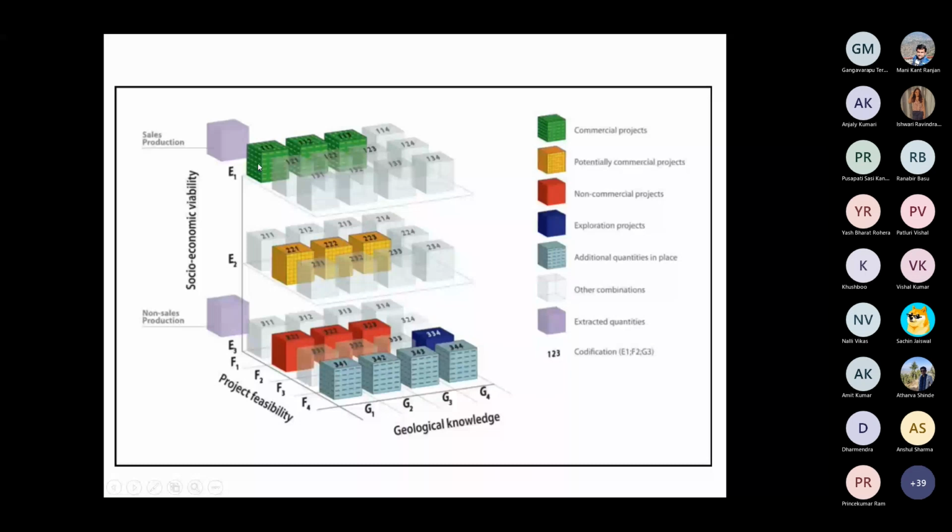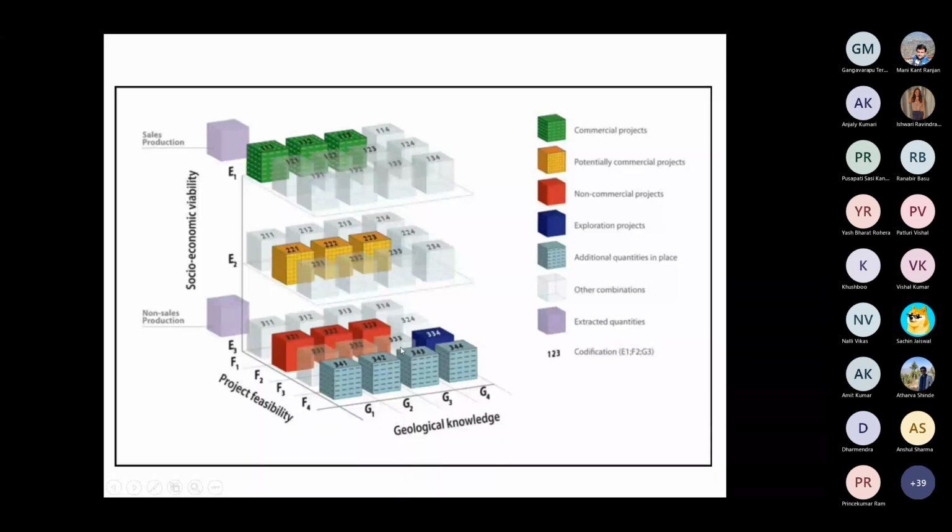So these green colors 111, 112, and 113 can be termed as commercial projects. And these 221, 222, 223, they are potentially commercial projects. Means with further information and certain changes in the techno-economic condition, it can rise up to the green blocks. That means the commercial projects.